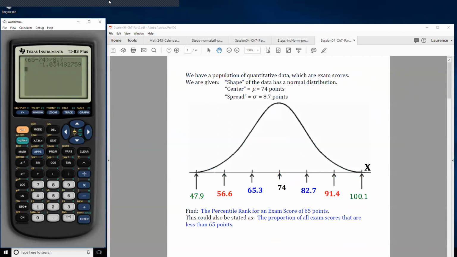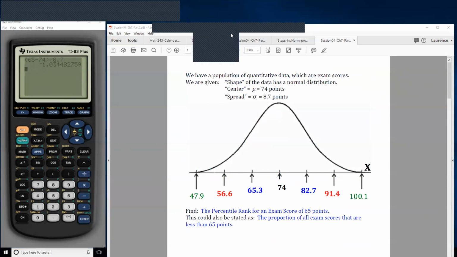And so let me get my little annotation tool. And so it's off to the left here, just off a little smidgen. And the percentile rank, that's the proportion of the population that's below to the left. So we'll shade that in.